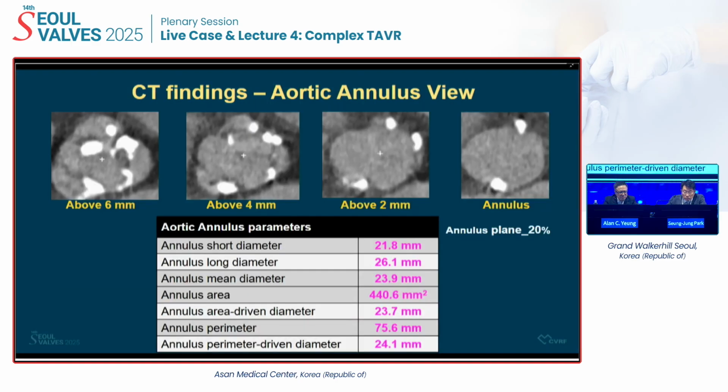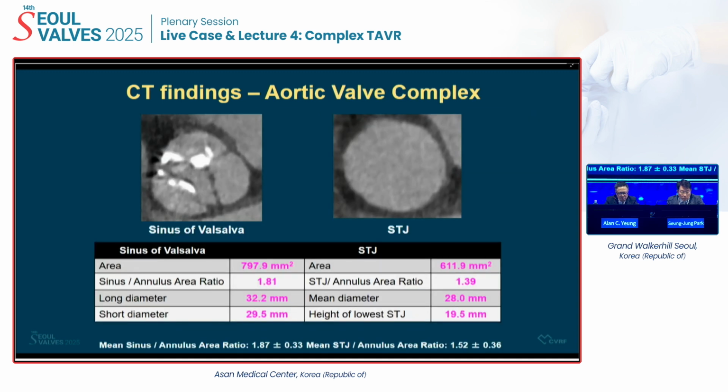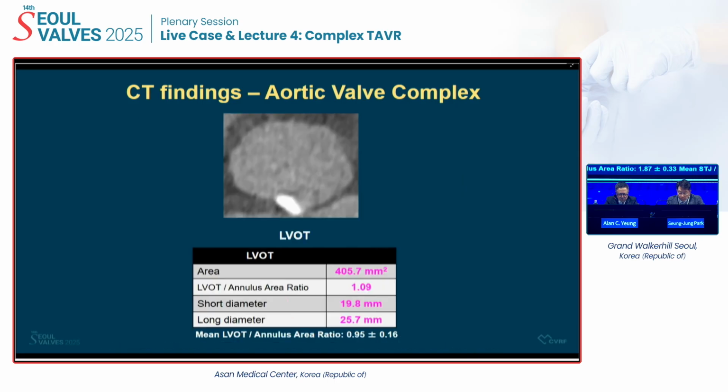On CT imaging, we obtained cross-sectional views at the annulus level, as well as 2 mm, 4 mm and 6 mm below the annulus. Annulus area measured 441, the sinus of Valsalva was 798, the sinotubular junction was 612, and the LVOT area measured 406.